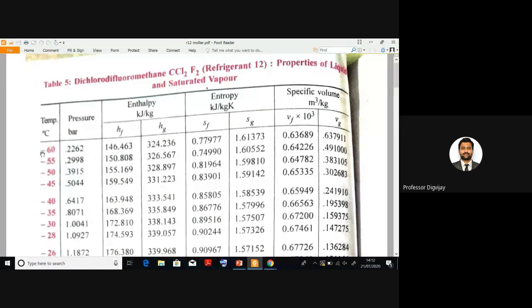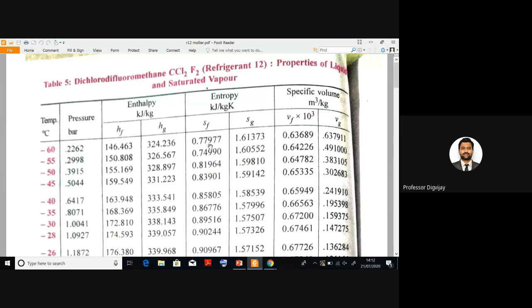I will read the first value, minus 60 here. At minus 60 degrees Celsius, the pressure is 0.2262, its enthalpy is 146.46, entropy is 0.77, and specific volume is 0.63.